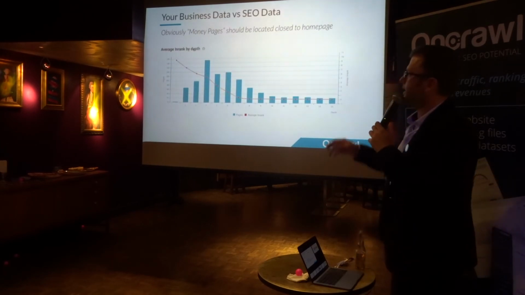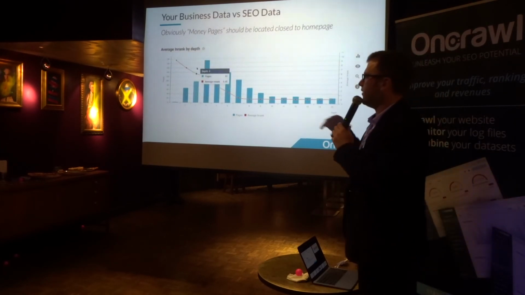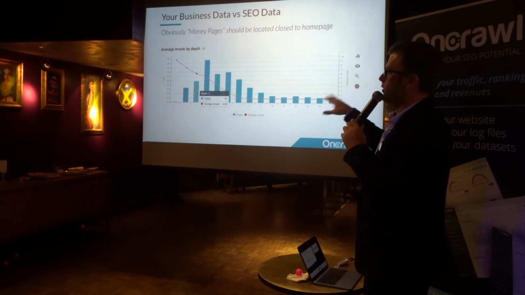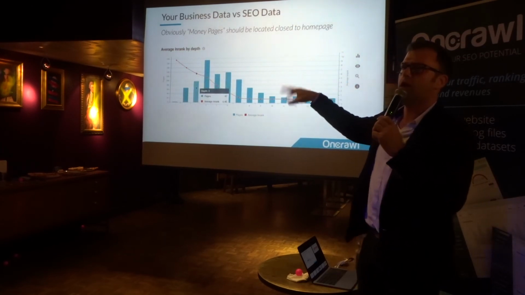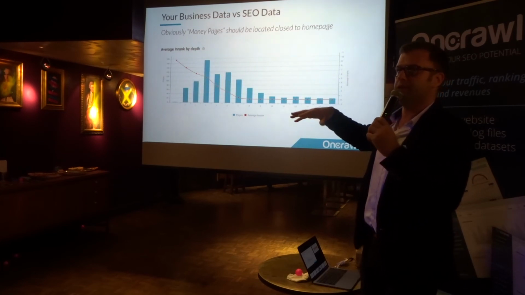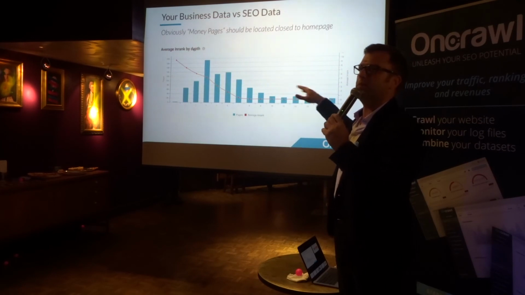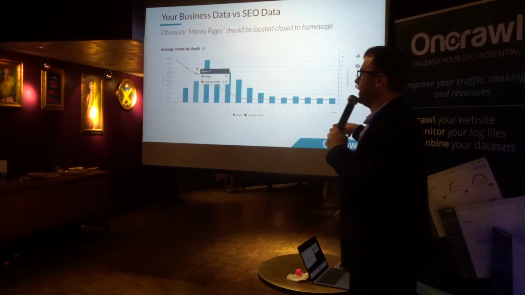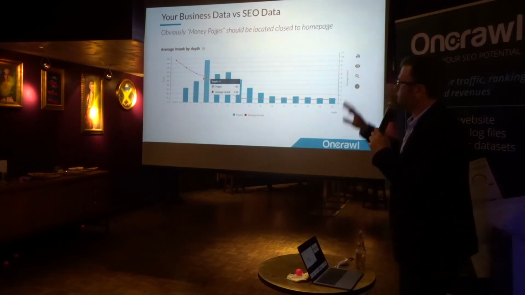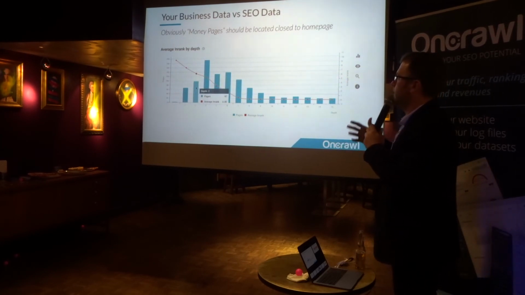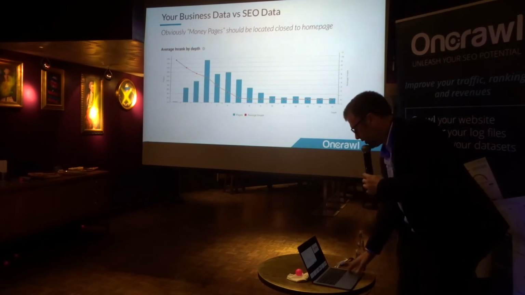And let's look at data. Here we have a representation of the internal linking structure. The red curve is the in-rank, a score representing the internal popularity. This is a way to understand how internal popularity may flow within your website. So you can see that obviously my pages are located close to the homepage.